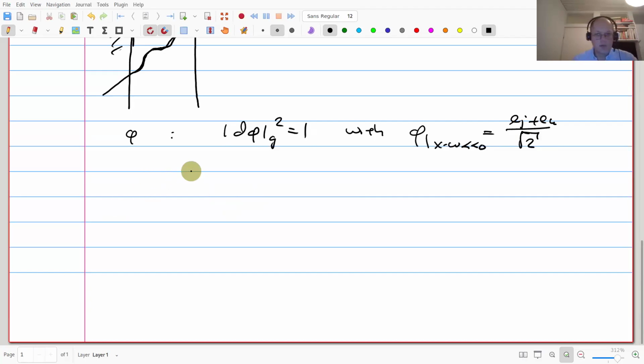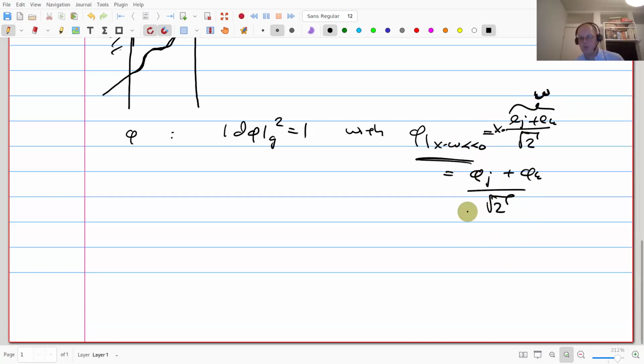And then here in this region, I can rewrite this as phi j plus phi k divided by square root of 2, times x. So this is my omega, right? This is x times omega, just this combination, using the linearity of this inner product here.